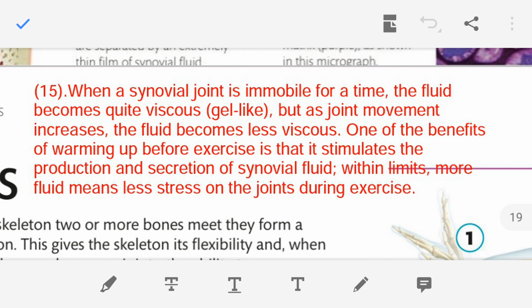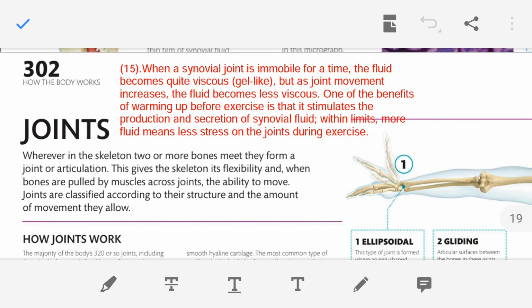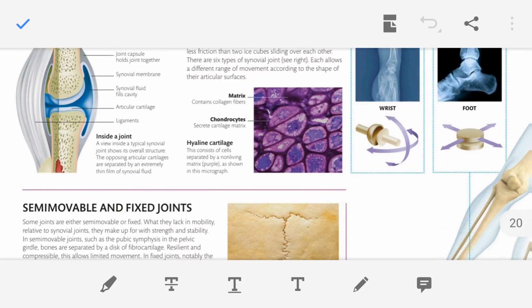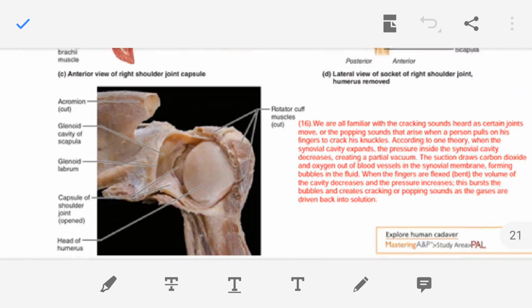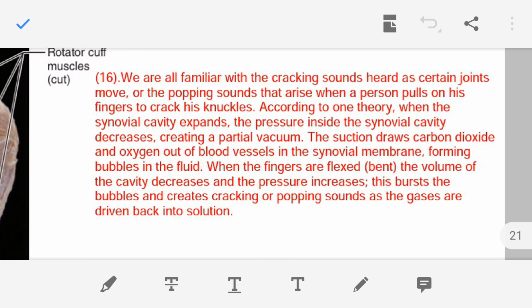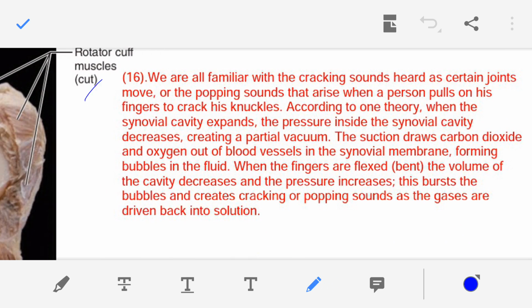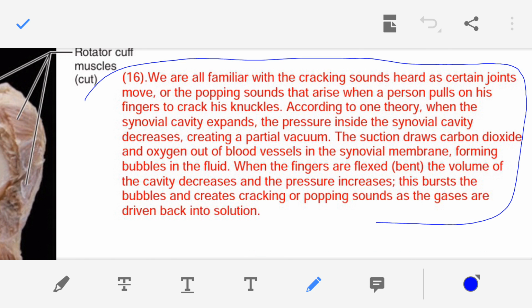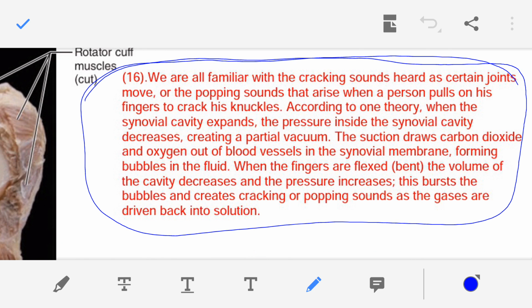Okay, and in the last point, this is not a theory point, this is for general information. Many times some people have the habit of cracking their finger knuckles. Okay, and I will try to crack my finger knuckle so that you can understand.